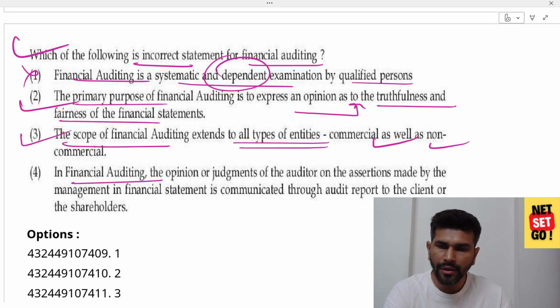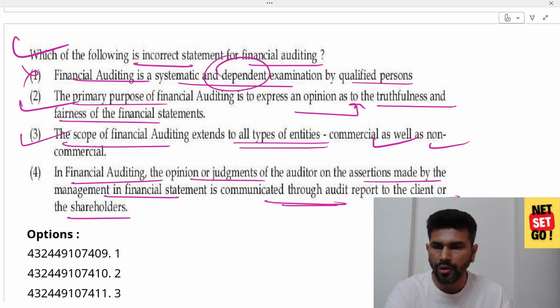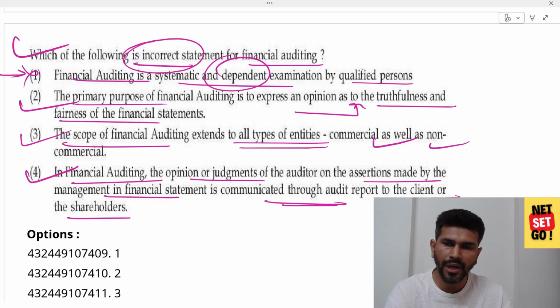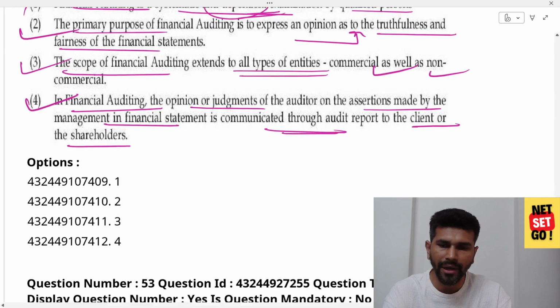In financial auditing, the opinion or judgment of the auditor on the assertions made by the management in the financial statements is communicated through the audit report to the client or shareholder, correct? So, which one is the incorrect statement? Option 1 is incorrect, because financial auditing is a systematic and independent examination by a qualified person. So option 1 is the incorrect statement.